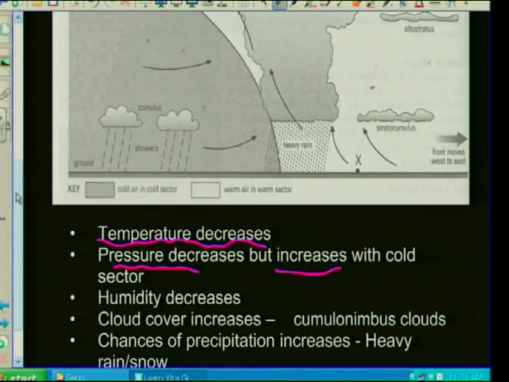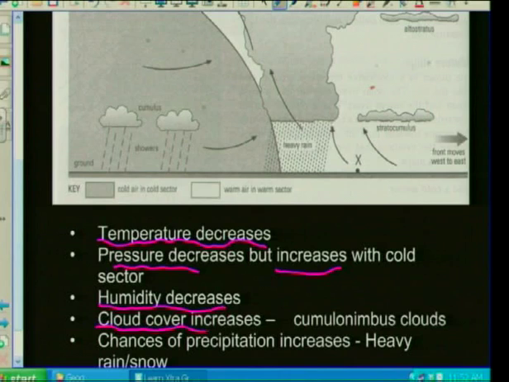Okay? Humidity decreases. All right? The cold front is coming, not bringing in much moist air. Okay? So the humidity decreases. Cloud cover increases. Obviously, cloud cover increases.